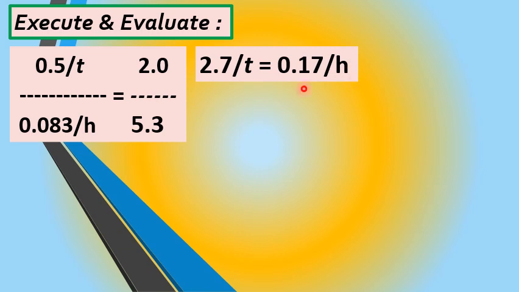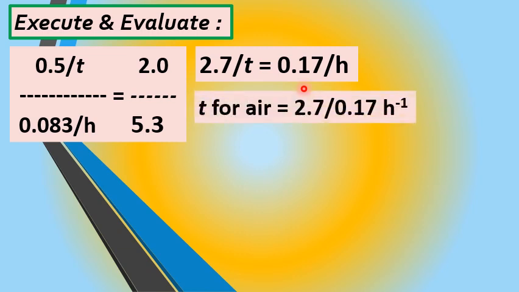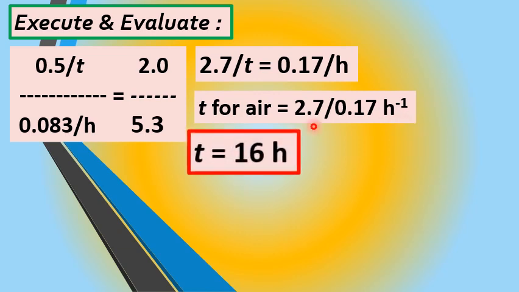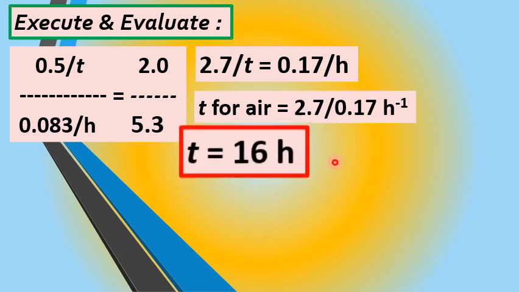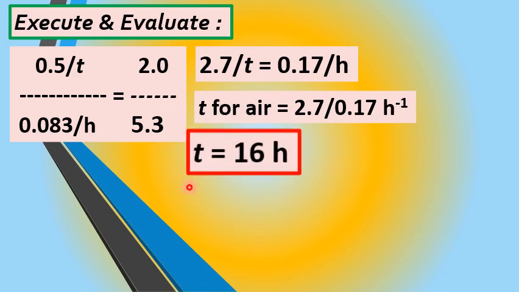And solving for the time t, this is the time for air, that will just be equal to 2.7 divided by 0.17 per hour, or the time t is equal to 16 hours in two significant figures.